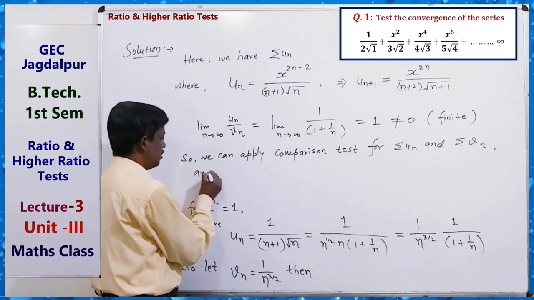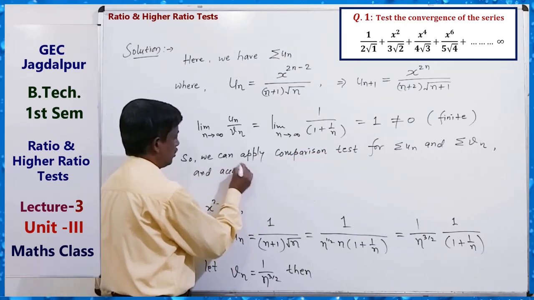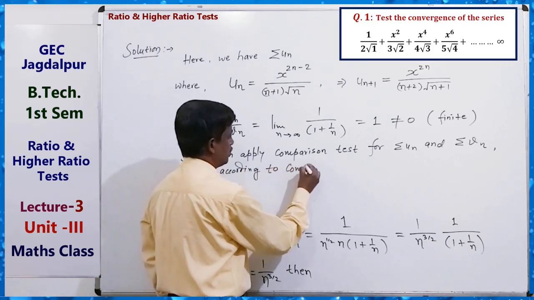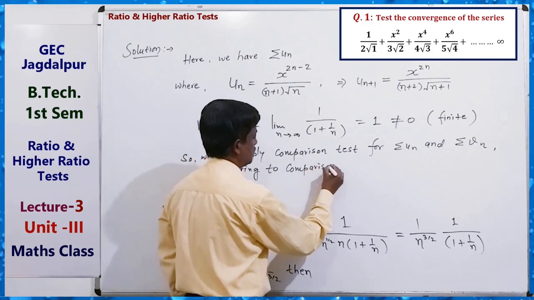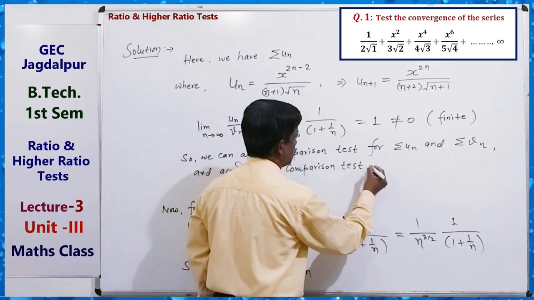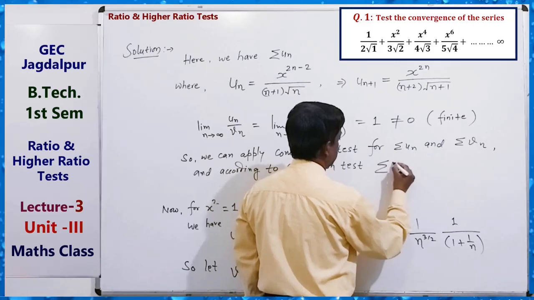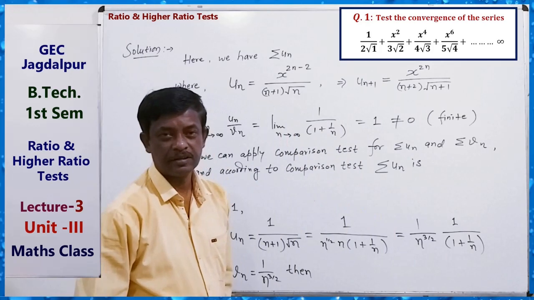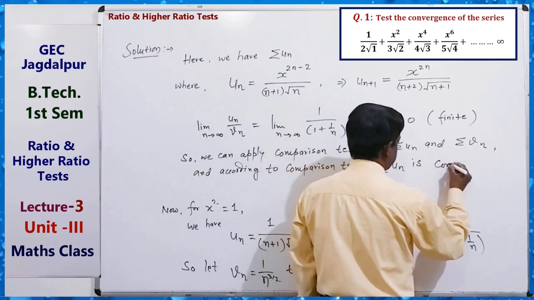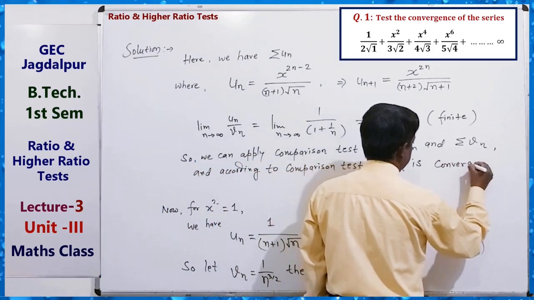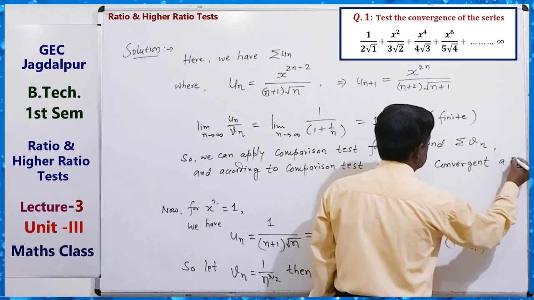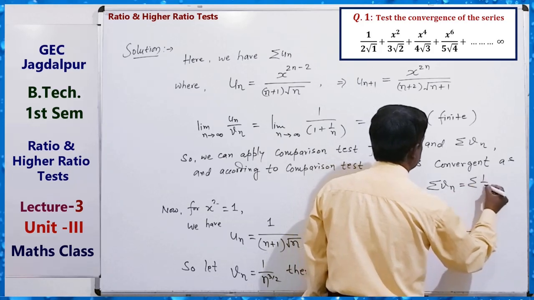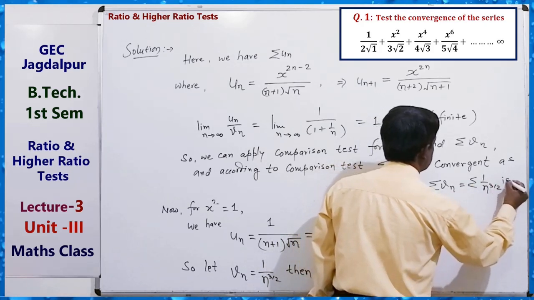And according to the comparison test, summation un is convergent as summation vn, that is summation 1 upon n to the power 3 by 2, is convergent.